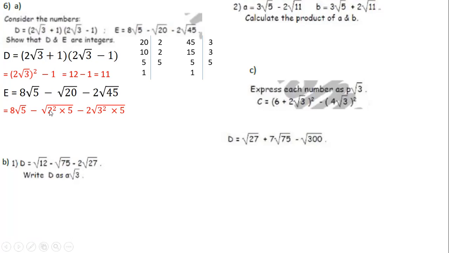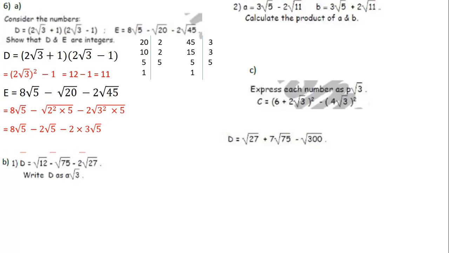The squared cancels the radical, it goes outside as 2. Why did you mute, didn't I tell you to stay unmuted? This 2 squared, Adam, when I take it outside it goes outside as 2, without the square. Understood? This 3 squared inside goes out as 3. Outside I have 2, what do we do with the 3 that we brought out with the 2? Do we write it next to it or multiply? We multiply, right. So we write it in this way, this is my answer. Now 2 times 3 is how much, Adam?